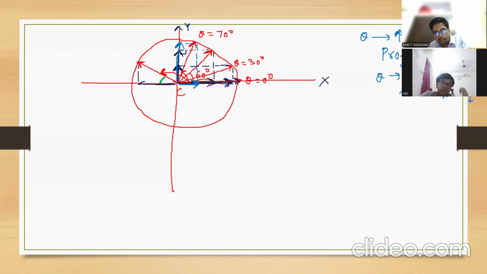Sir, but if theta decreases, the projection on the x-axis will increase, right, sir? You can check here also, the same thing you will observe.